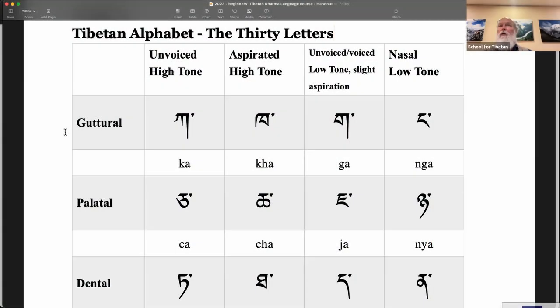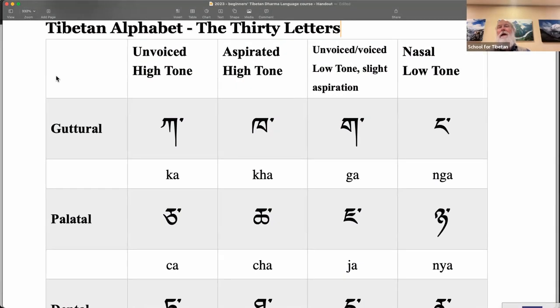We were going to look into the 30 letters. Now, I don't know if that is a good idea to introduce you to the 30 letters.